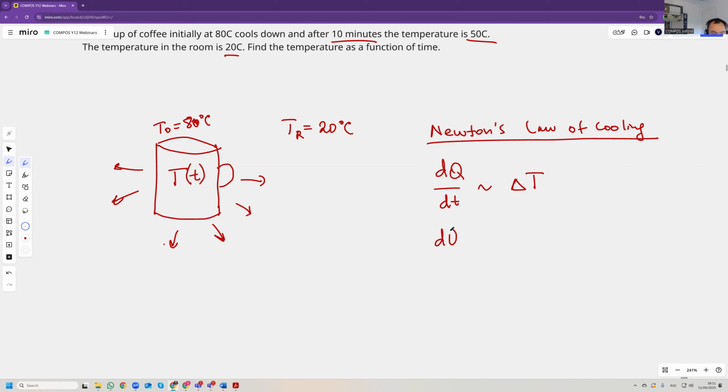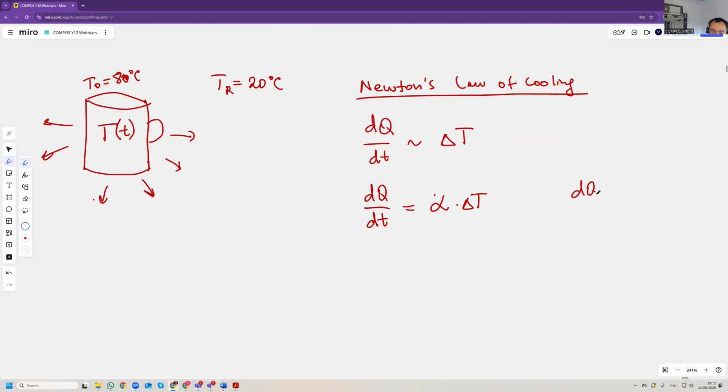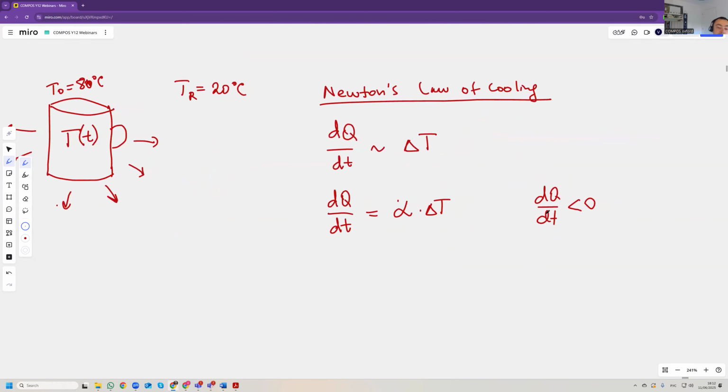In other words, dQ/dt is equal to a constant, let's call it alpha, multiplied by delta T. Now, the thing is this value is negative. dQ/dt is less than 0 because as the heat is given away, it's decreasing.